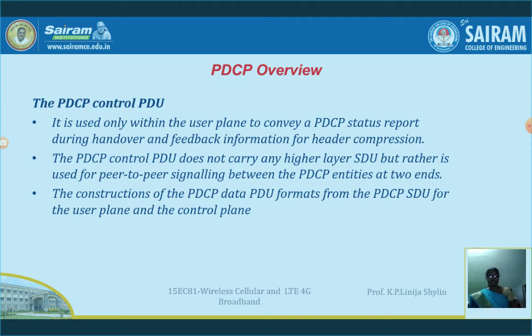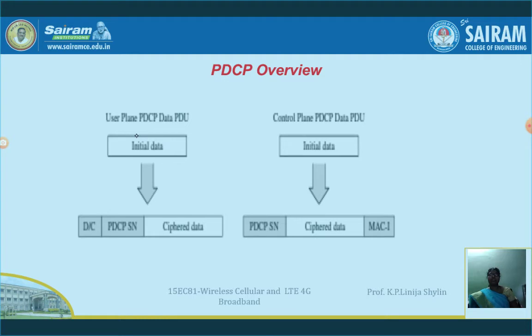Now we will see the construction of the PDCP data PDU format. Here it is the user plane PDCP data PDU as well as the control plane PDCP data PDU. In the PDCP data PDU, we have the PDCP SN, that is the Packet Data Convergence Protocol sequence number.